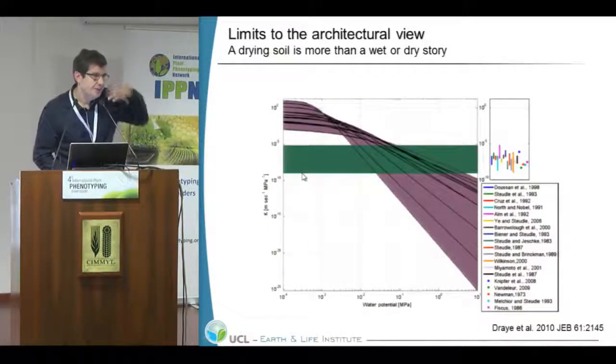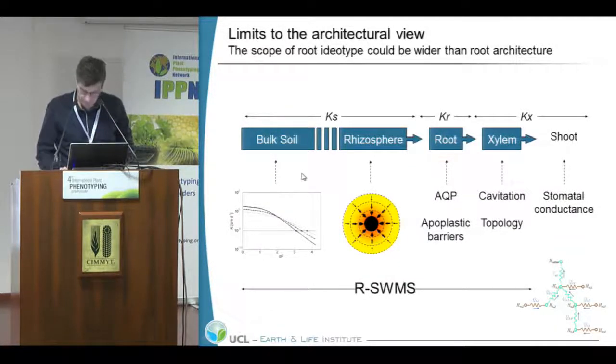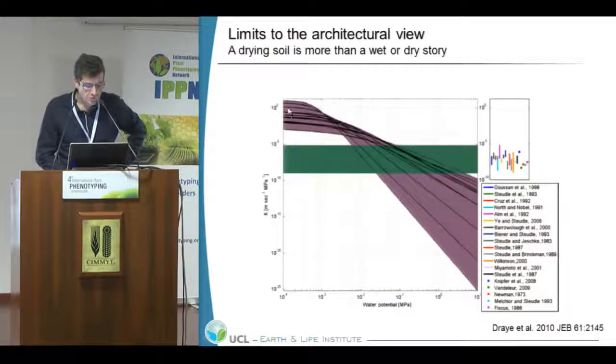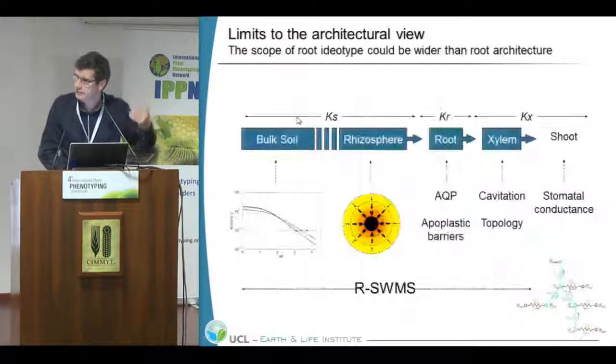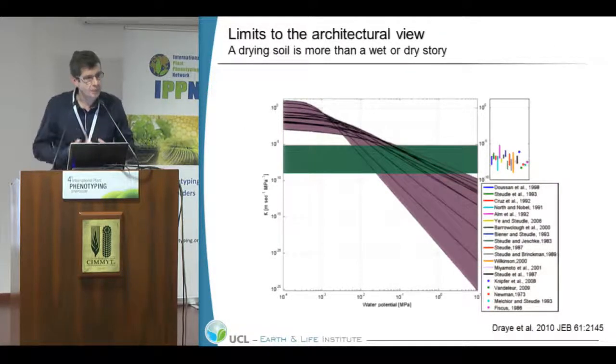So in the context of a drying soil, so a drought episode that develops, you start from a situation where the soil is more conductive than the root, which means that the root is actually deciding where the water is taken up. And this is where architecture is deciding for you.